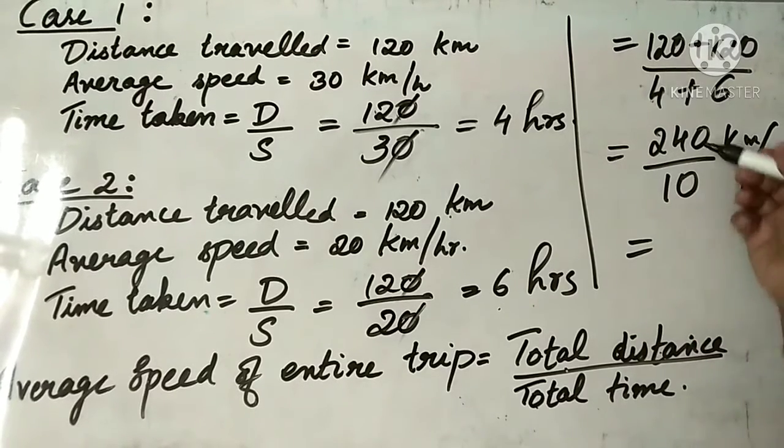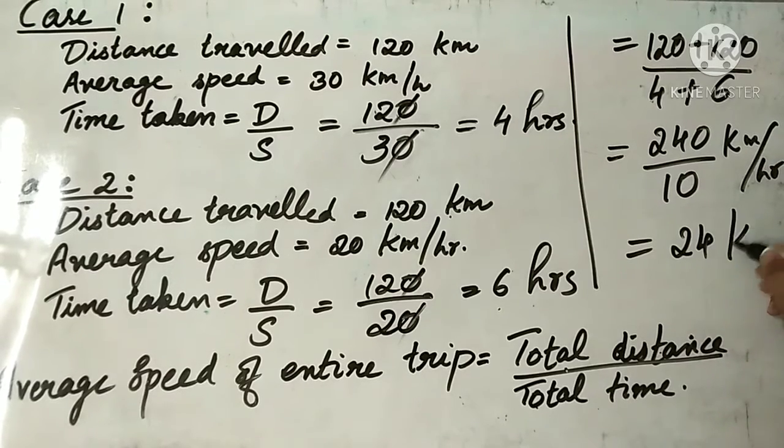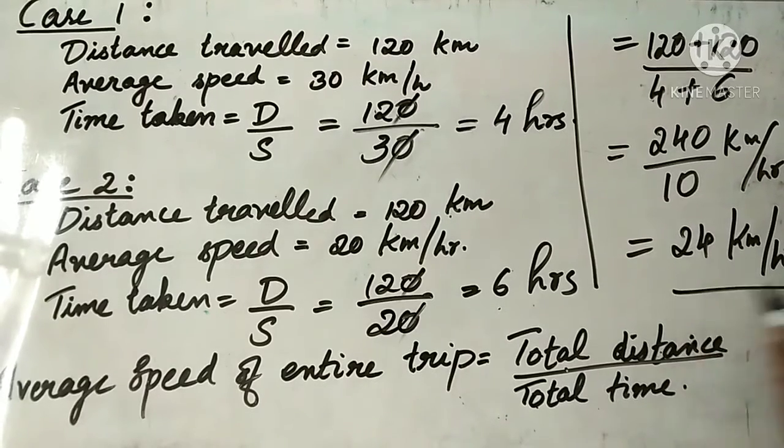When we divide 240 by 10, we get 24 km per hour. So the average speed of the entire trip is 24 km per hour.